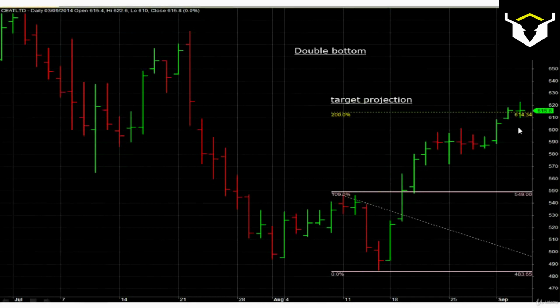Although this is the ideal target, prices don't always tend to respect these targets. Sometimes prices won't reach the target, and sometimes prices won't care about the target and simply break out to make new highs.